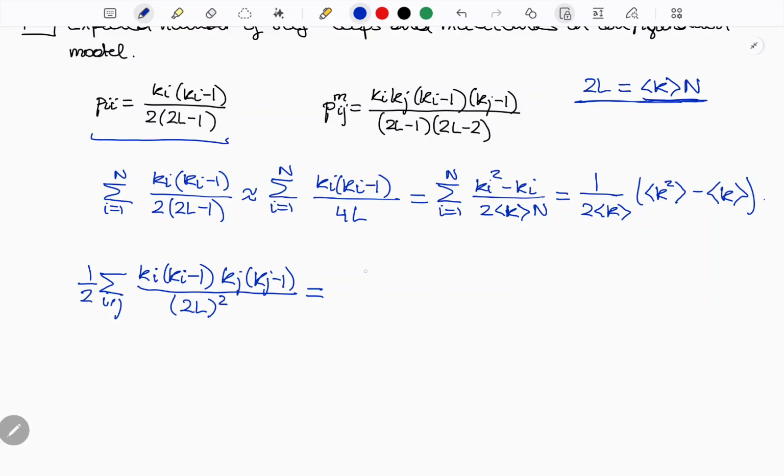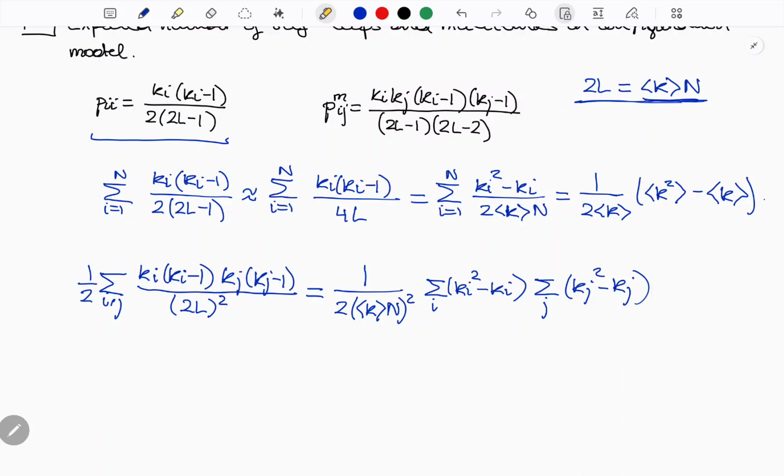So this is twice the average degree times n, squared, and then the summation on i of ki squared minus ki, and then the other summation in j of kj squared minus kj.